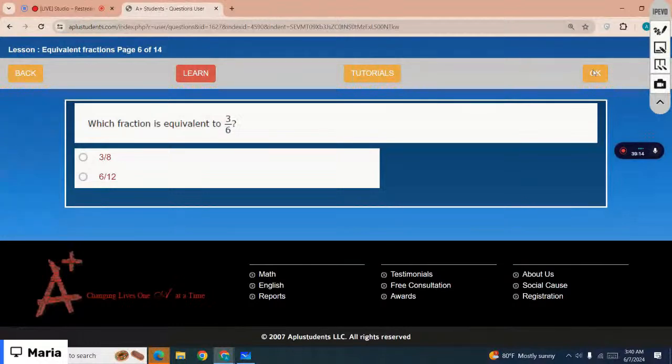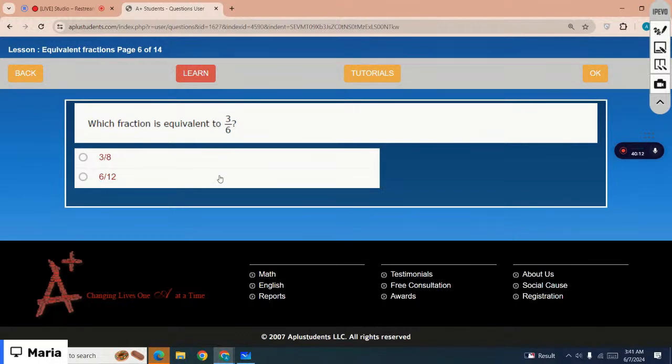What fraction is equivalent to 3 by 6? Which is the correct option? The correct option is 6 out of 12.